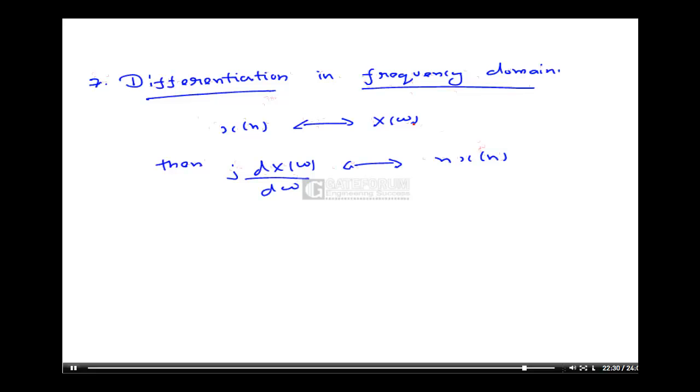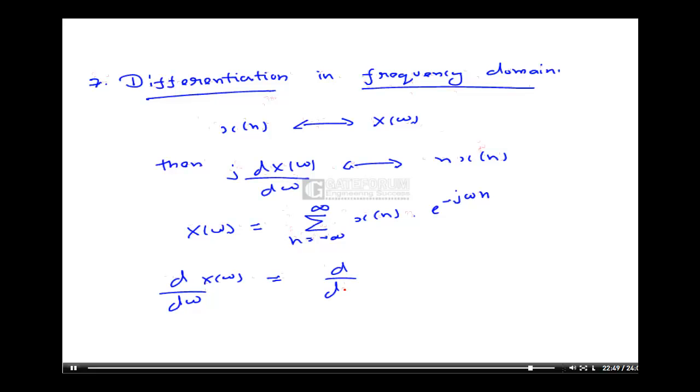How do I achieve this expression? We know that X of omega is summation n tending to minus infinity to infinity x[n] e to the power minus j omega n. So d by d omega of X of omega is nothing but d by d omega of this expression. Now in this expression, the omega related term is only this.